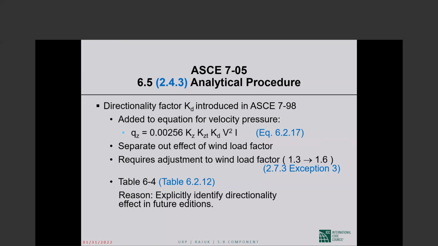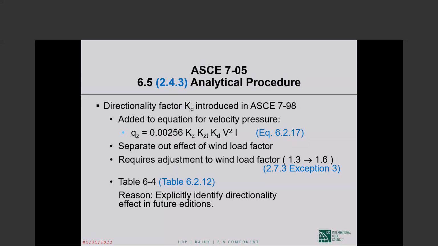Wind can be in the most critical direction of the building only instantaneously. Wind direction changes from one instant to the next. The very next instant, the wind direction will have changed and it will no longer be along the most critical direction of the building. This fact is taken into account through the directionality factor K sub D, which is 0.85 for all buildings.